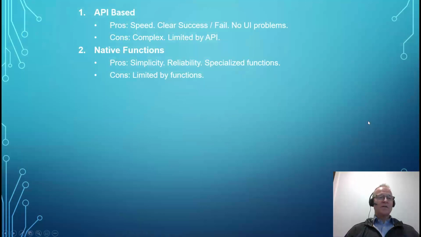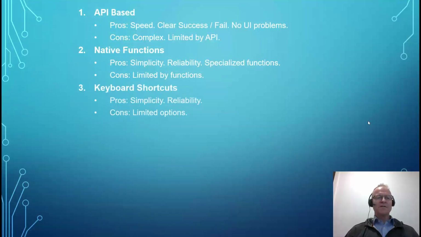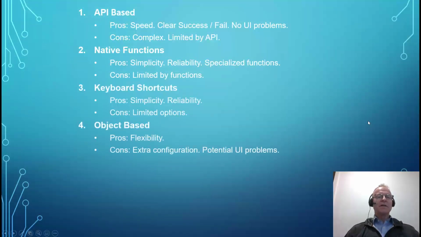Now, coming a very close third and fourth are these two options here. So if there are no native functions for the application, I would then look to using a combination of keyboard shortcuts and object-based automation. Now, by keyboard shortcuts I mean simple things like Control-N to create a new document in a Windows application, Control-A to select all objects, and then Control-C, Control-V to copy and paste.